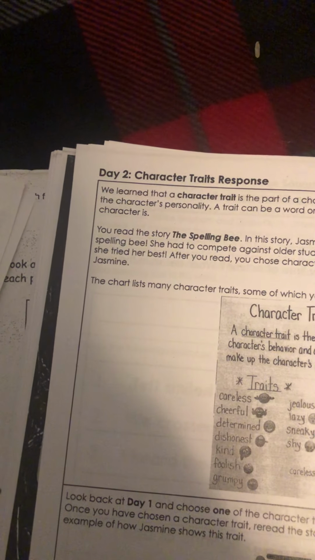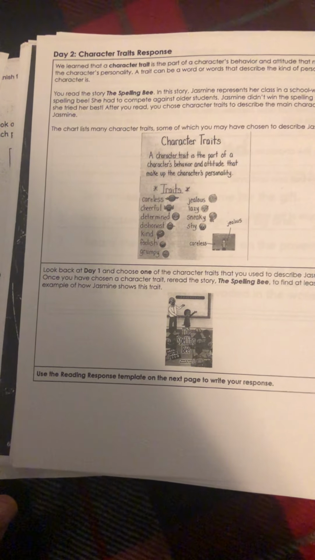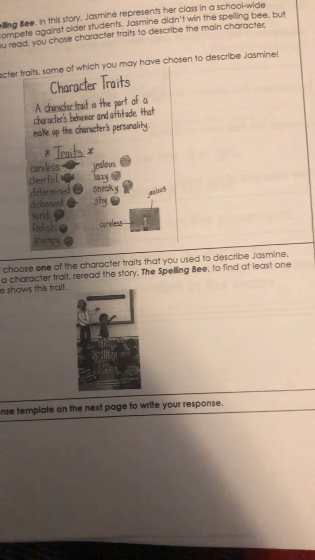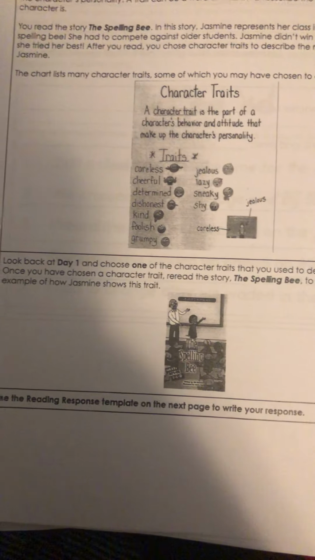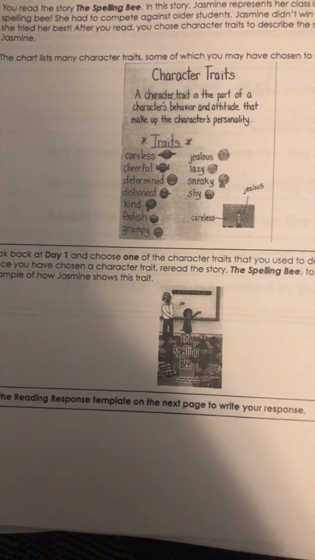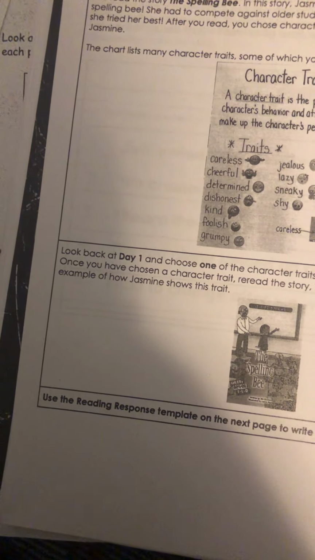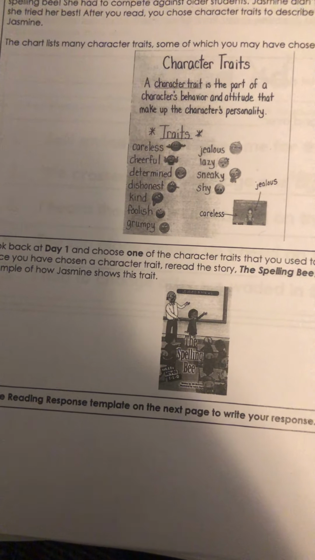After the story, again, I'll flip a few pages here, you'll see day 2. This is what you're going to be working on today. Just like I did, you're going to choose one of the traits that describes Jasmine. Once you've chosen that trait, reread the story and find at least one example of how Jasmine shows this trait.